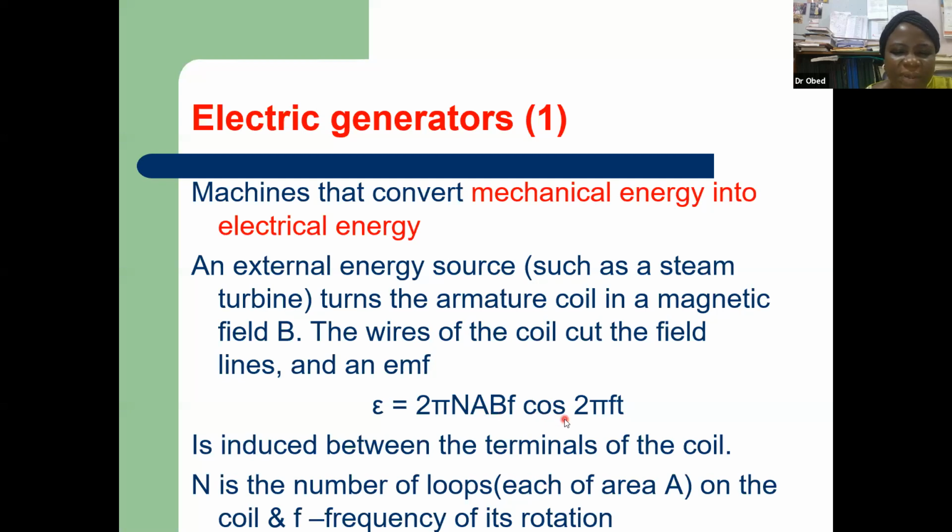But instead, here we have sine omega t, that's sine 2 pi F t.